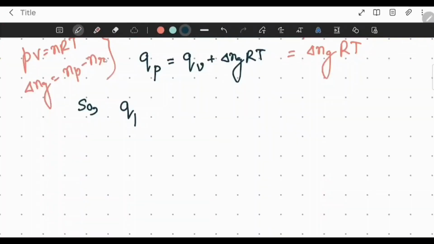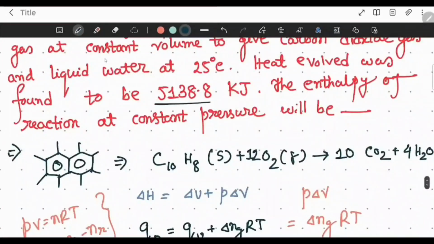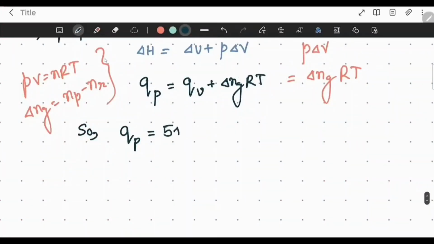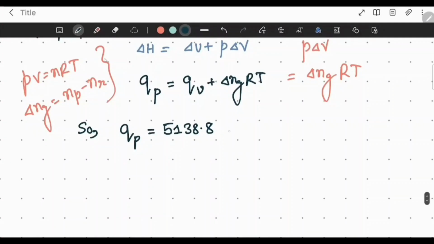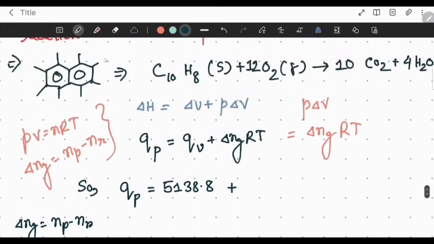So QP will be, what is QV? 5138.8. Now del NgRT, del Ng we have to find out. Del Ng will be Np minus Nr, as I discussed. What is Np?